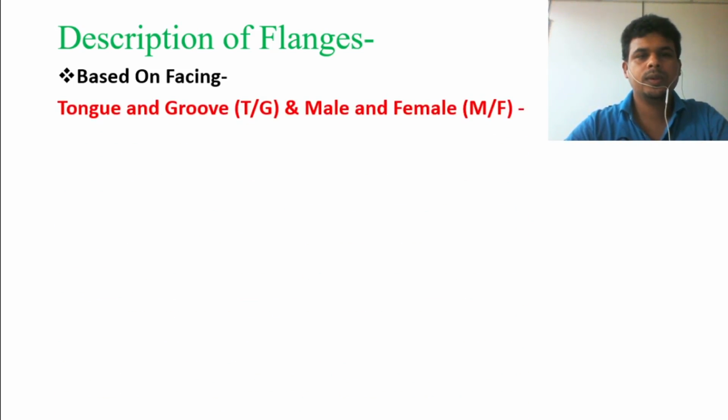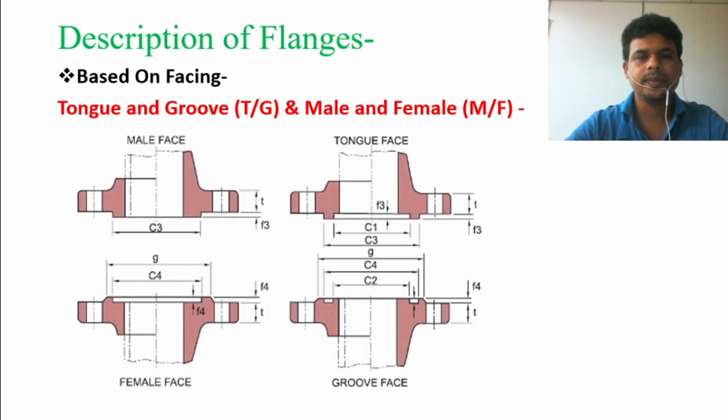Tongue and groove and male and female, I try to show you both together, then you can understand the difference between these two facing types. From this figure you can see the male face, this is the male face, C3, and then this is the female face. C3 dimension and C4 dimension must be matched.